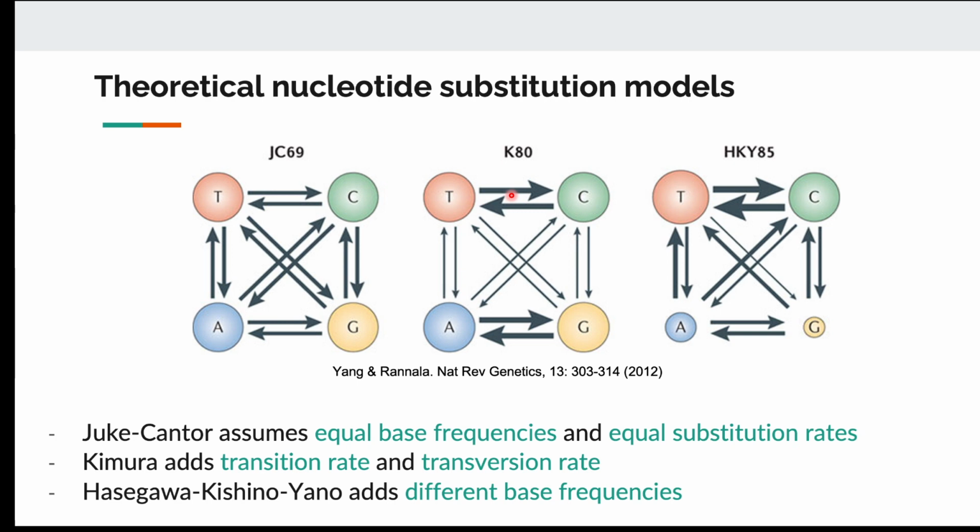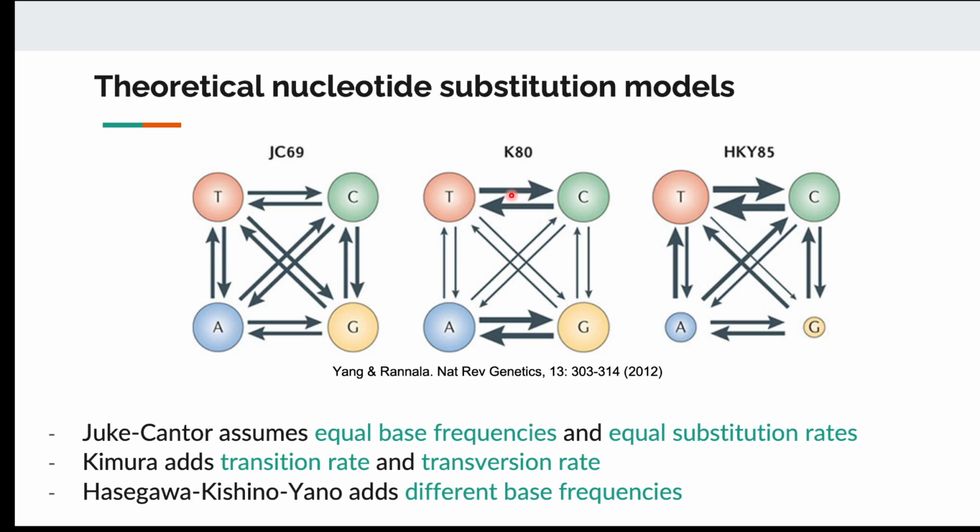So we start to have two mutation rates. One between A and G and between T and C, and one across the groups. So the model became slightly more complicated. And then people started to think, wait, we have different A, T, C, G proportions in the genomes. Like in different genes, we have different proportions of A, T, C, G.